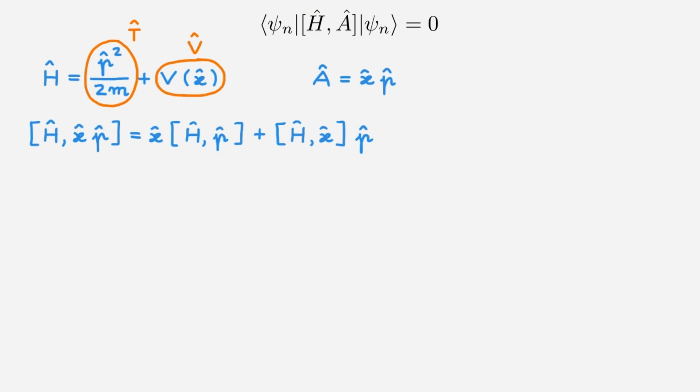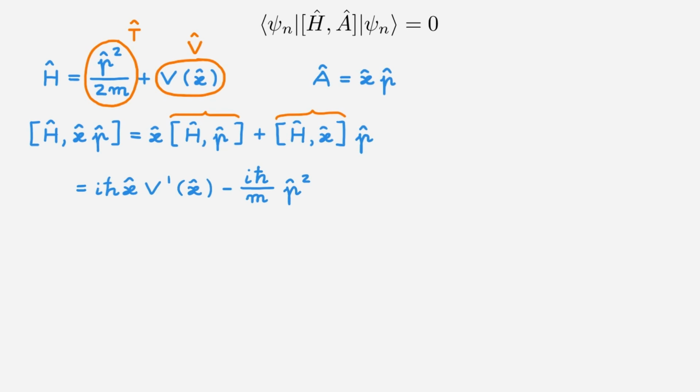Let's make some room. Using the results we just got, we can write the commutator of the Hamiltonian with xp as equal to i h bar x times the derivative of the potential minus i h bar over m times the momentum squared. All we've done is literally to replace the commutators here and here with the results we got in the previous slide, but feel free to pause here to cross-check this step.